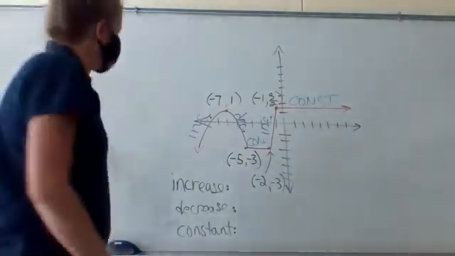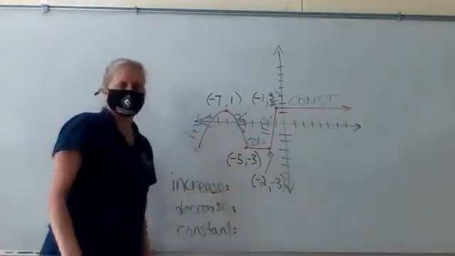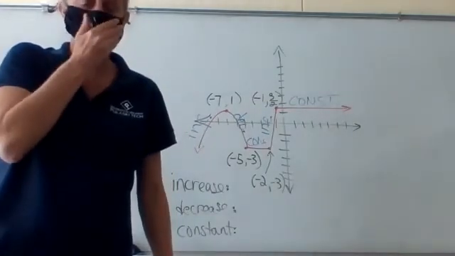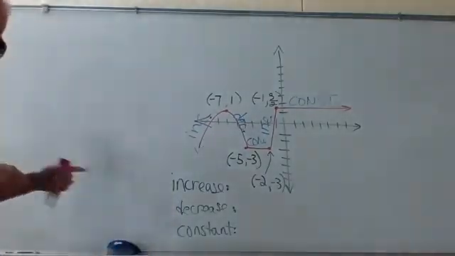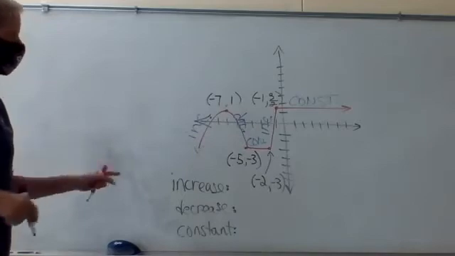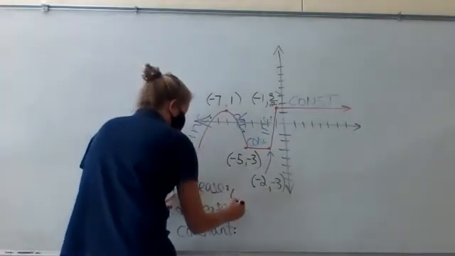So I highly recommend going through and labeling your points with their coordinates, especially the x coordinates. And then go through and write in where things are increasing and decreasing. Then when you get to actually answering the question, you have everything written out. Remember, you're using your x coordinates.